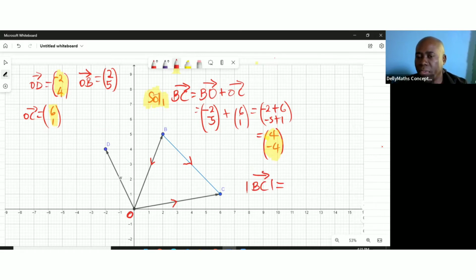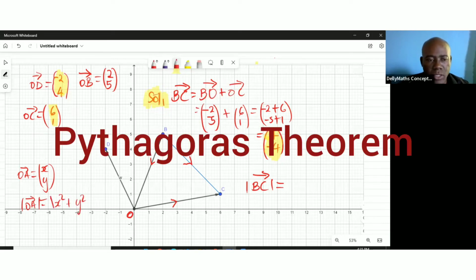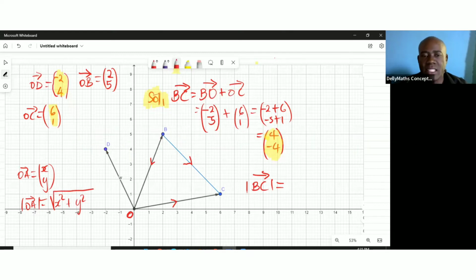Remember, to find the magnitude of a vector, we definitely use this. So if we have a vector OA, which is (x, y), the magnitude of the vector OA is given by Pythagoras' theorem.